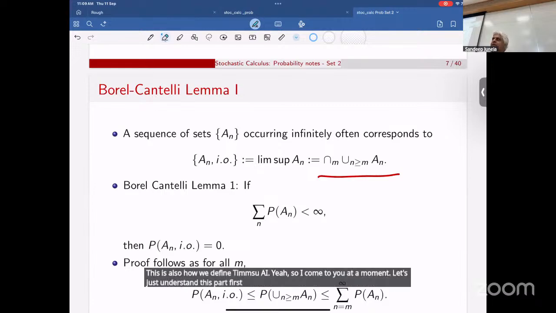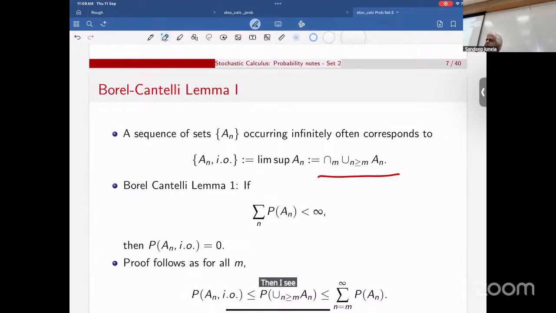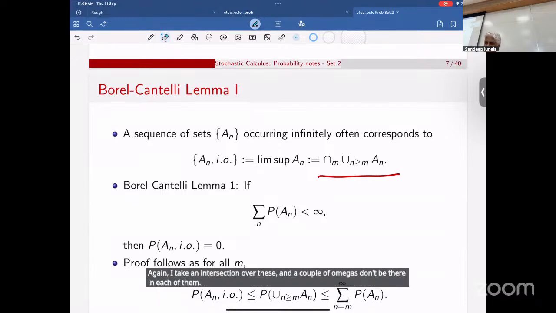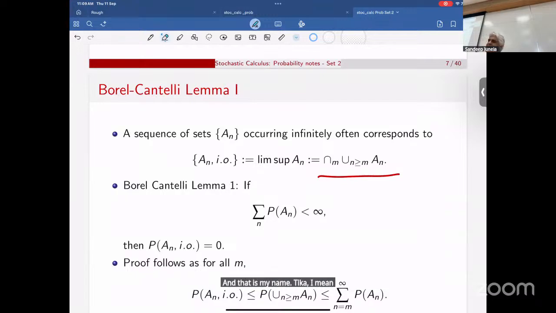Professor, can one think of it this way? I have the sets A_n. Then I take a countable union of all these A_n's, and then I see what the common elements are over all the m's, taking an intersection over these. A couple of omegas would be there in each of them. Exactly.